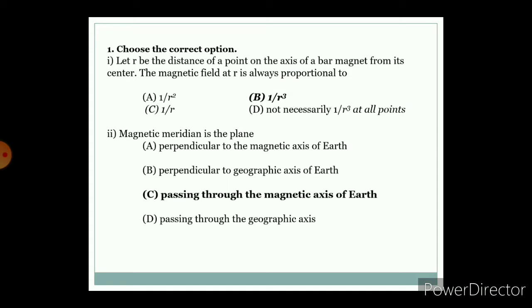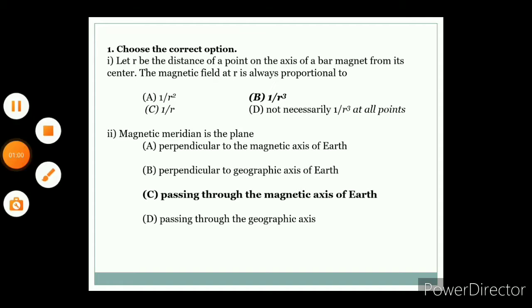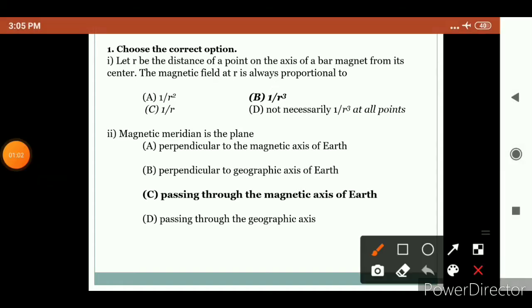Now they have given these equations as options here. If you have studied about it, you will be aware that there are magnetic fields along the axis and along the equator. Here they have given R, the distance of a point on the axis of the bar magnet.